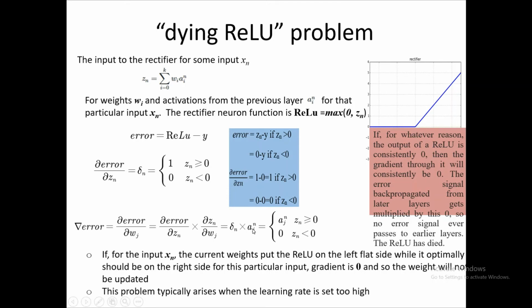Now, if for input xn the current weight puts the ReLU on the left, flat side, while it optimally should be on the right side for that particular input, the gradient is 0, so the weight will not be updated. We can see here this is the ReLU, with a left side and a right side.